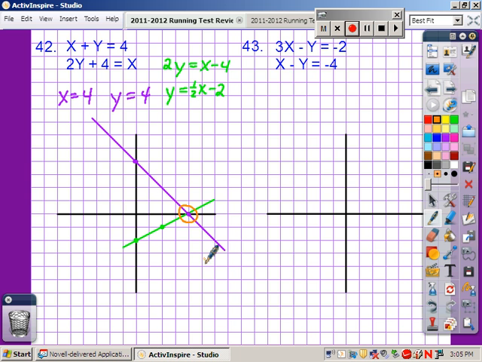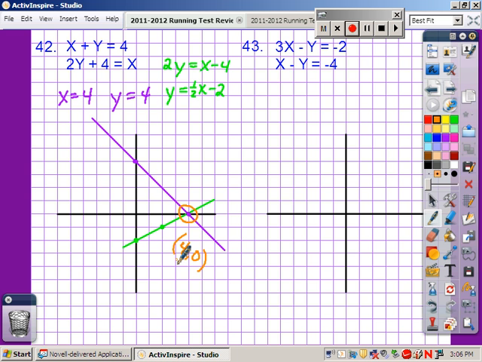That one right there, and it is over 4 up 0, which is our final answer. Just like that. The graphing equation doesn't involve shading or anything like that. It's strictly just, can you plot a couple of points, make a line, and find where the other line intersects it.